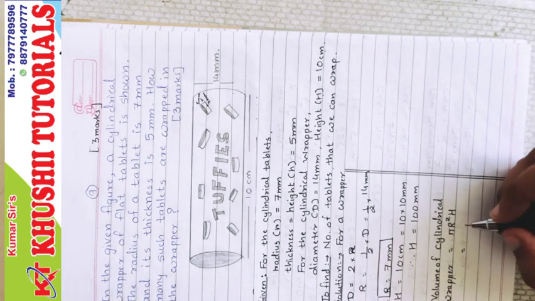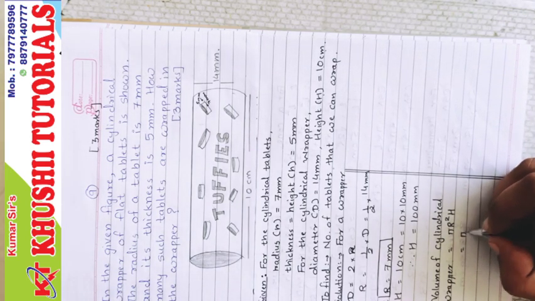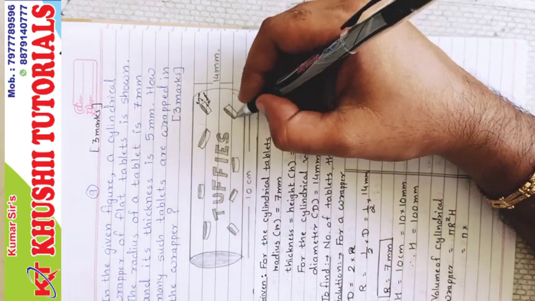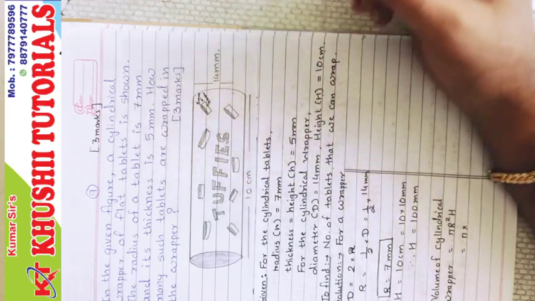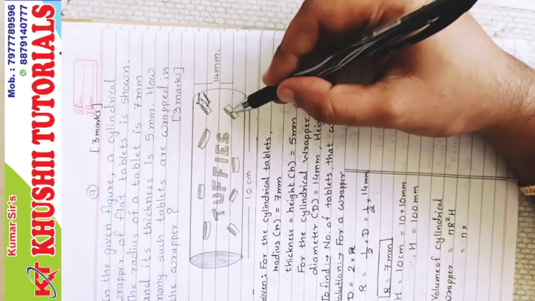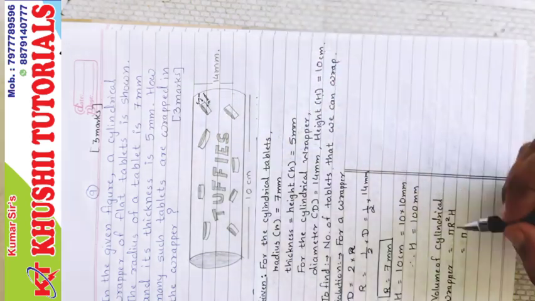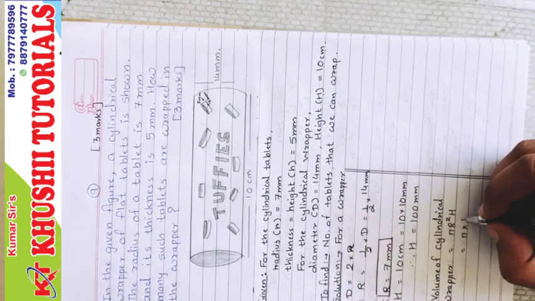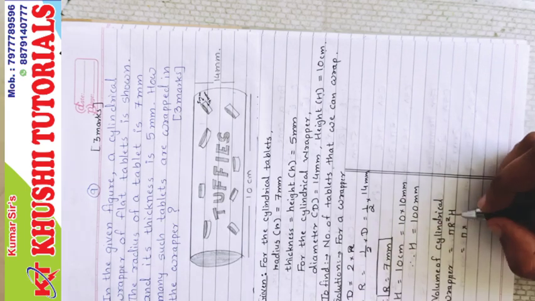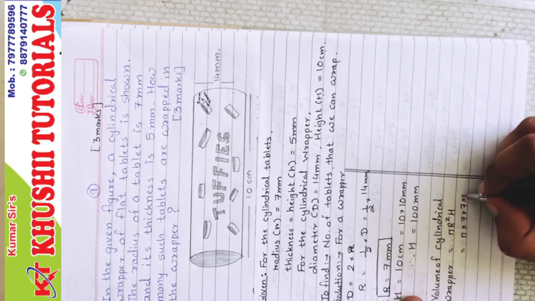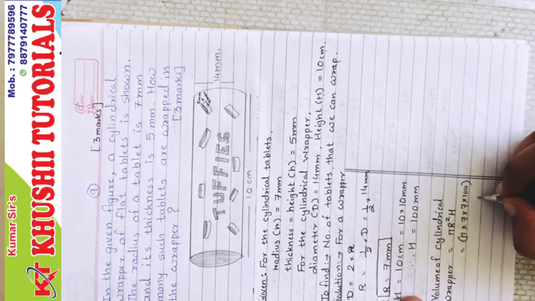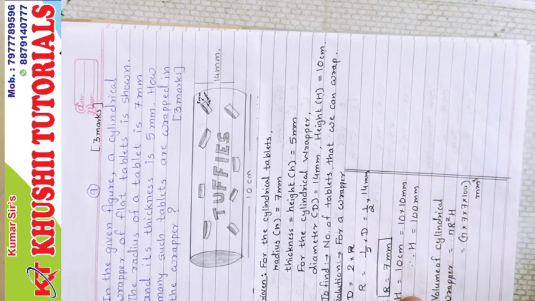Now pi, we will keep it as pi because even the tablets are of cylindrical shape, the tiny cylinders. So pi will also come in their formula. R, radius is 14 mm, no 7 mm. So 7 into 7, into height, and height is 100 mm, millimeter cube. That is the volume of cylindrical wrapper.